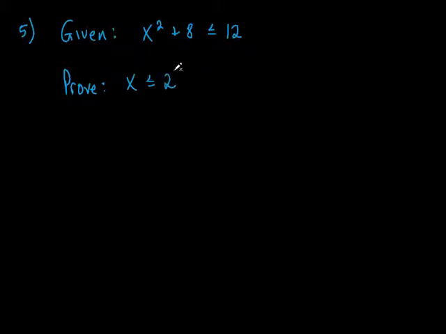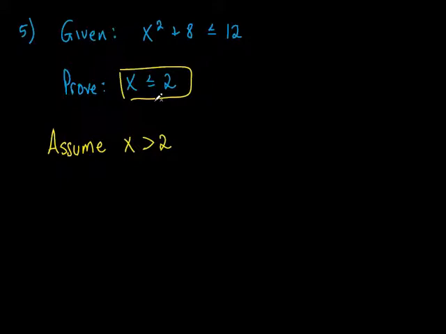Okay, here it is. How do we start it off? Assume. We're trying to prove this, aren't we? So we assume the opposite of what we're trying to prove. So assume x is what? Greater than 2. We don't just say it's not less than or equal to. You only have 3 choices. They call that a trichotomy.